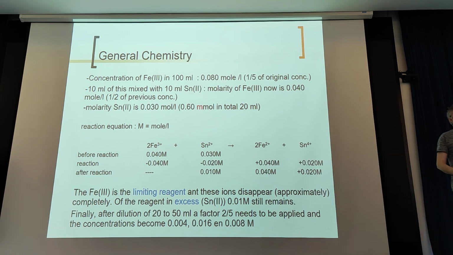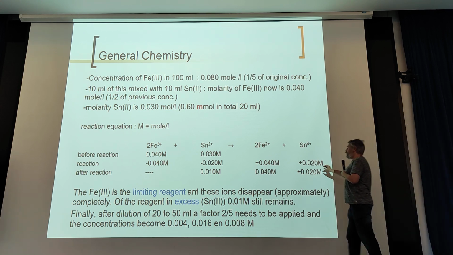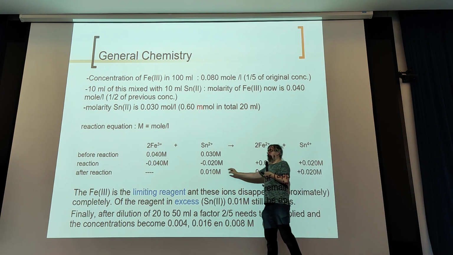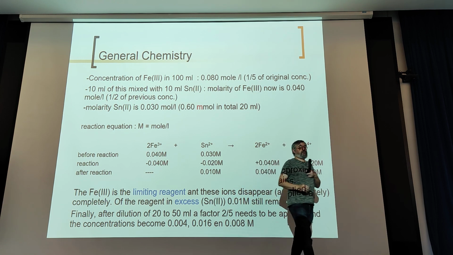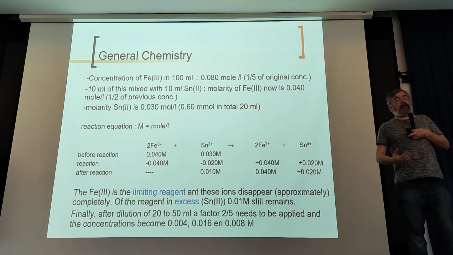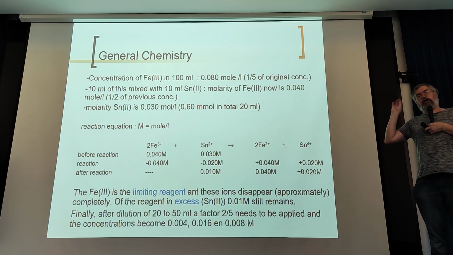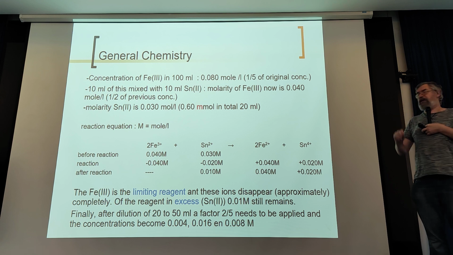We are going to react 20 millimolar of tin 2 plus, so we form 20 millimolar of tin 4 plus. So these are the concentrations after the reaction due to a stoichiometric calculation. Not so difficult, but you have to keep in mind all the effects of dilutions.